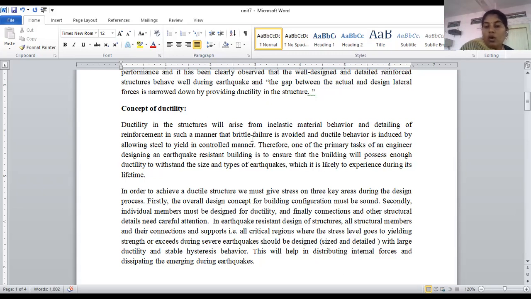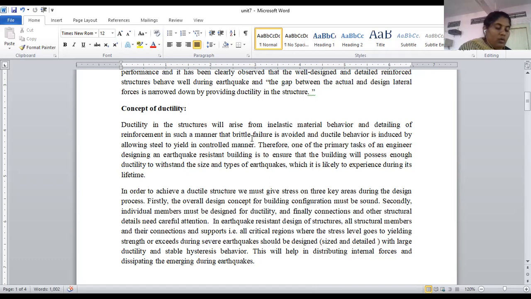Therefore, one of the primary tasks of an engineer or designer of an earthquake resistant building is to ensure that the building will possess enough ductility to withstand the size and types of earthquake it is likely to experience during its lifetime.